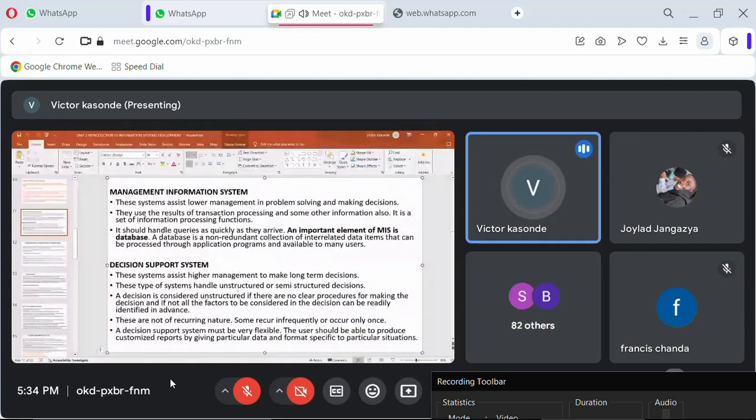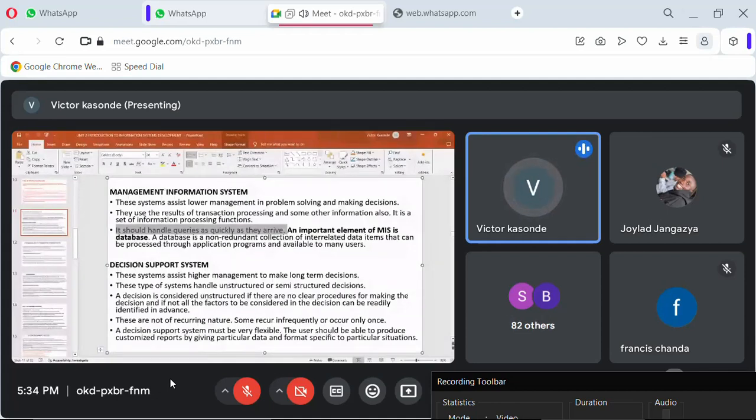It should respond to queries as quickly as possible, meaning this manager can query, for example, how many sales have been done on that particular day, or over 3 days. And they can conclude that at the end of the month, between the 25th and 30th, we sell more products than on any other day.